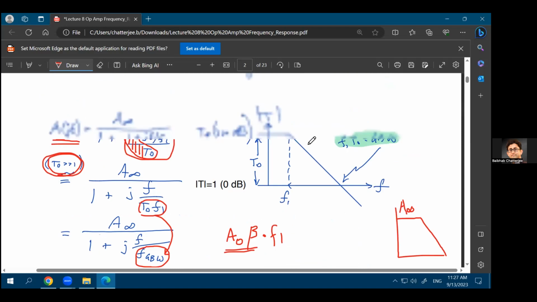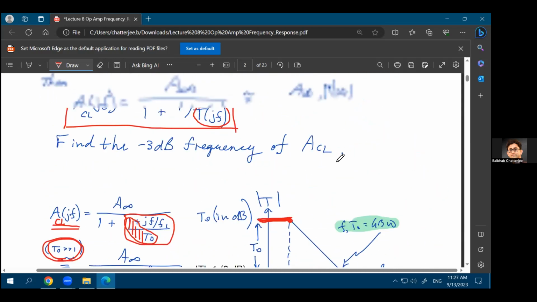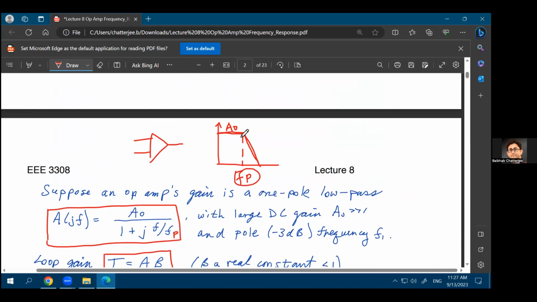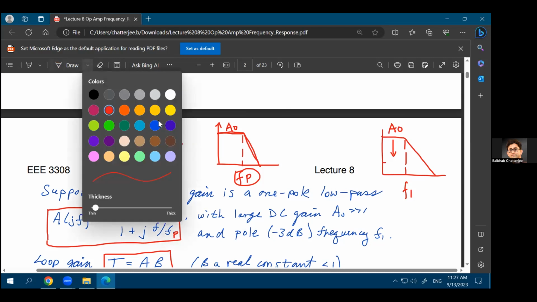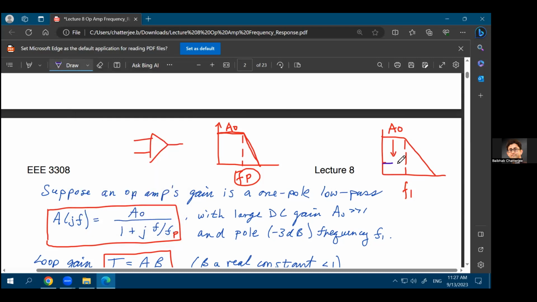So what we are saying is, if you draw the open loop scenario and the closed loop scenario side by side, this is how it will look. Let's say this is your open loop condition, where you have A naught and you have FP or F1. That's your pole frequency. In a closed loop scenario, your gain will reduce, so your gain will be somewhere over here.